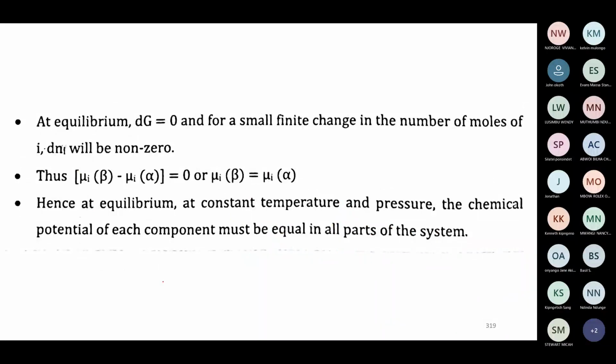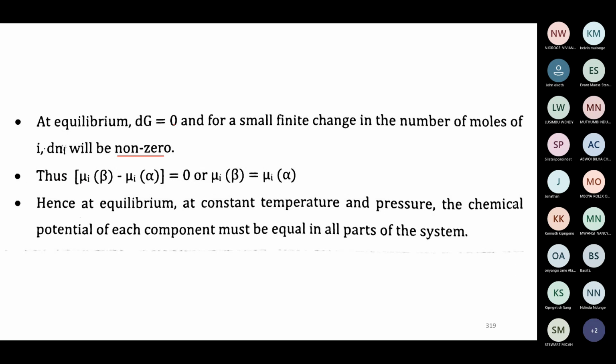So at equilibrium, dG equals 0. And for a small finite change in the number of moles of i, dn_i will be a non-zero value.